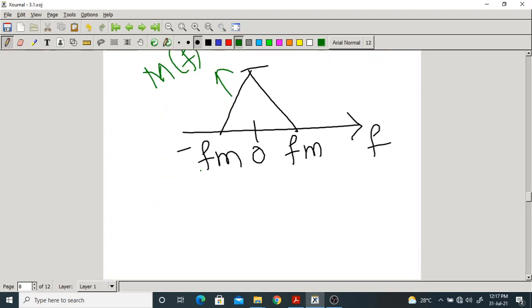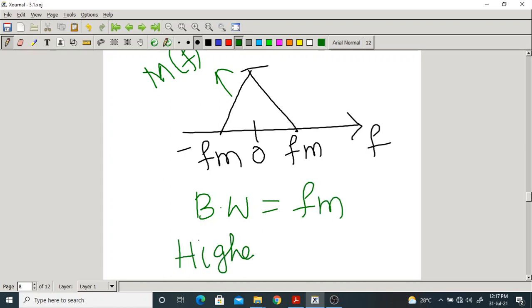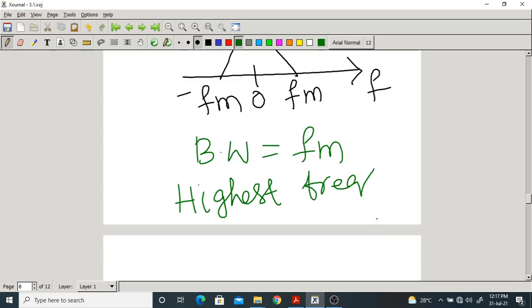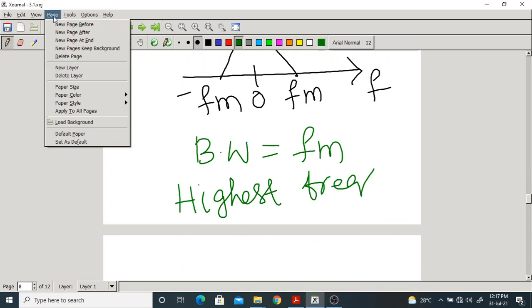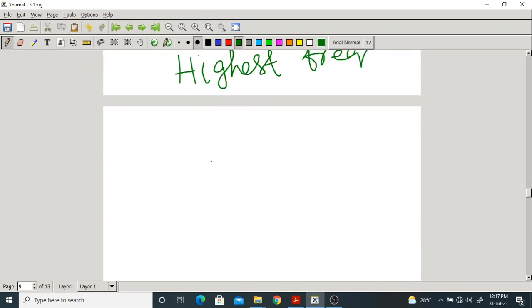So what is the bandwidth of this spectrum? That is equal to Fm. It is also known as the highest frequency component.